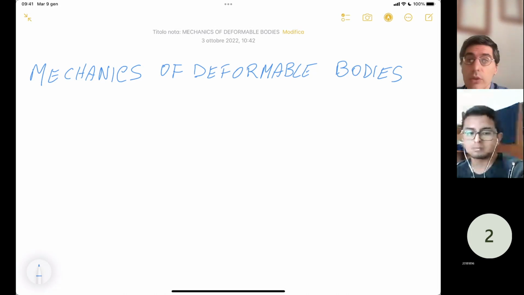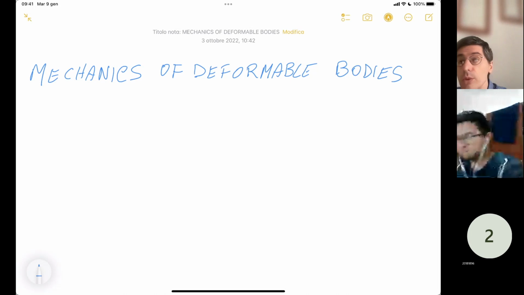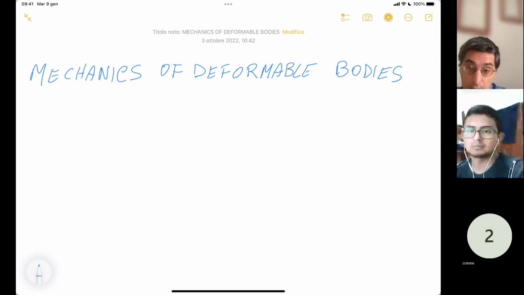Of course, some parts of the two courses are strictly connected. So in this first introduction, I will stress the things that are similar and connected for both courses.